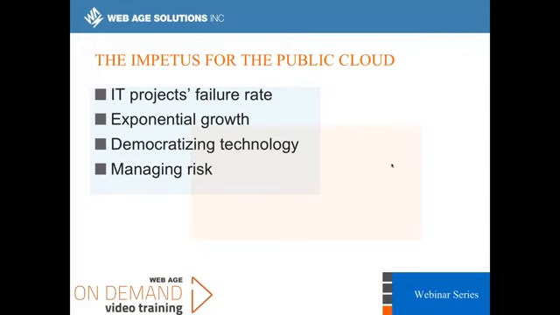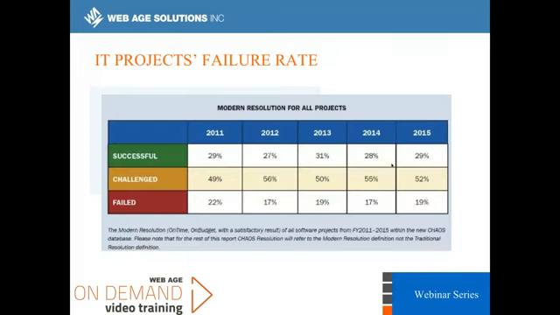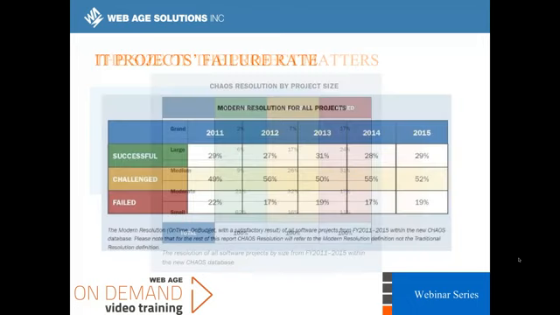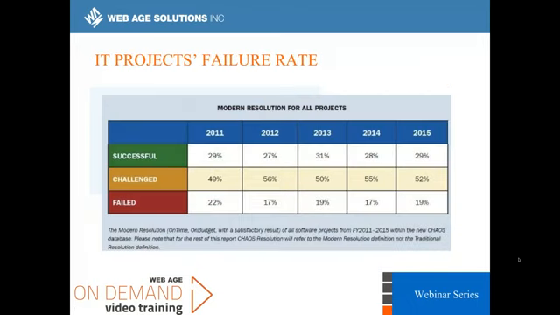And it was created, so backing up a second here, let's talk about point number one, IT projects failure rate. This comes from a company that monitors systems. So you can see it's a kiosk project.